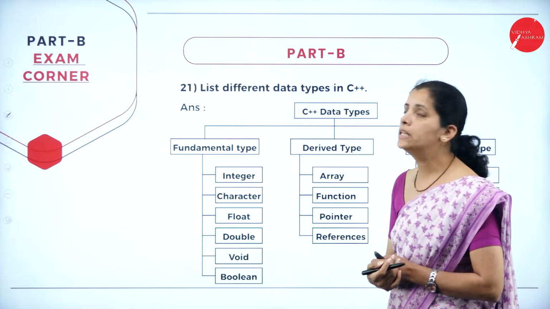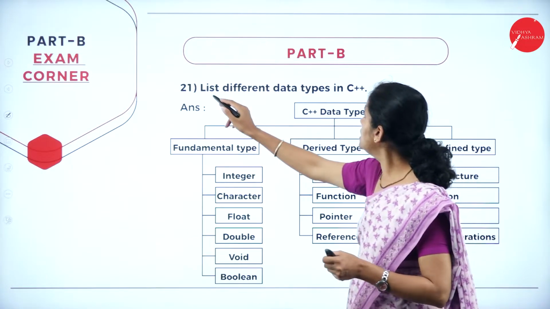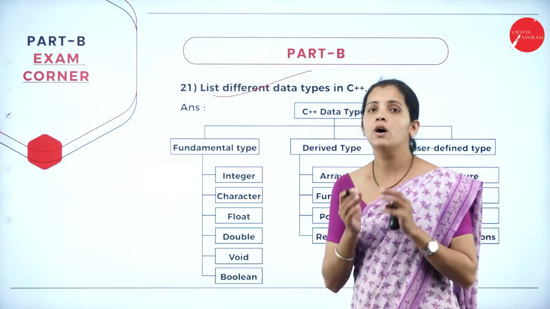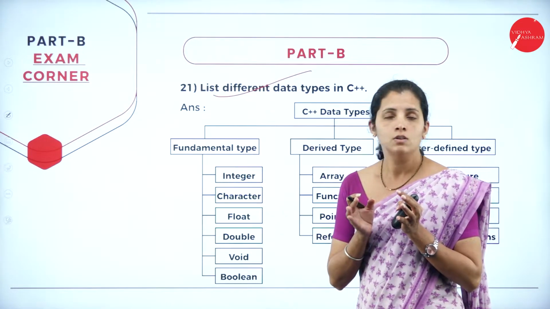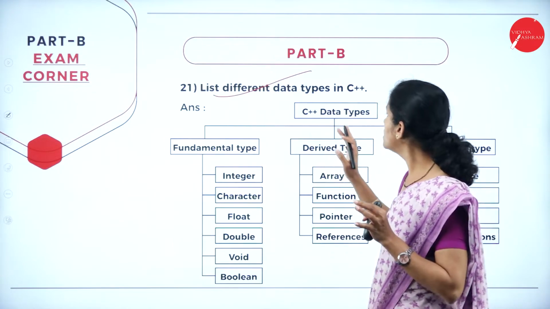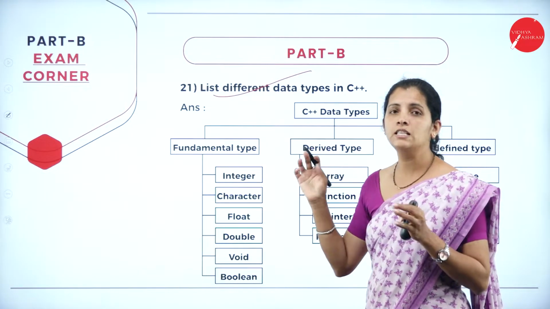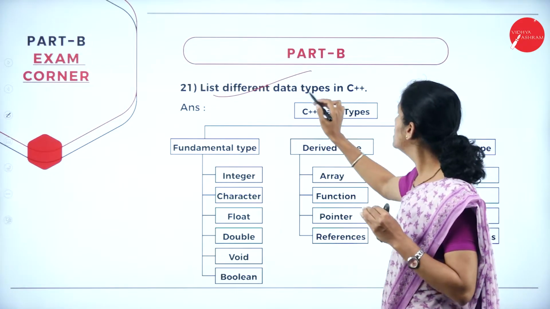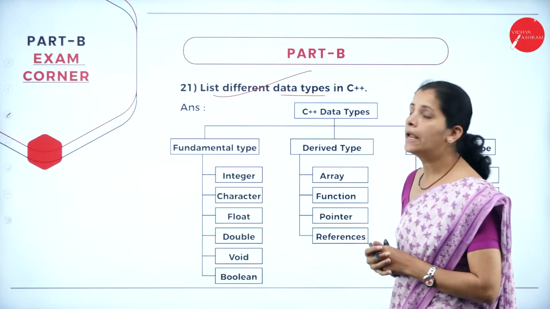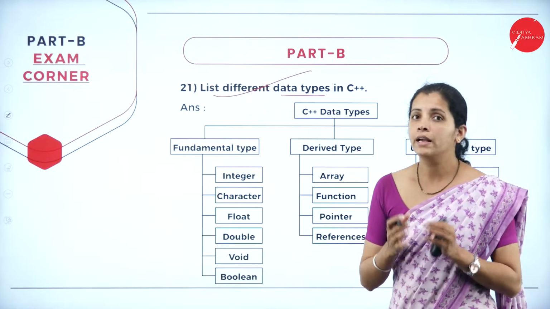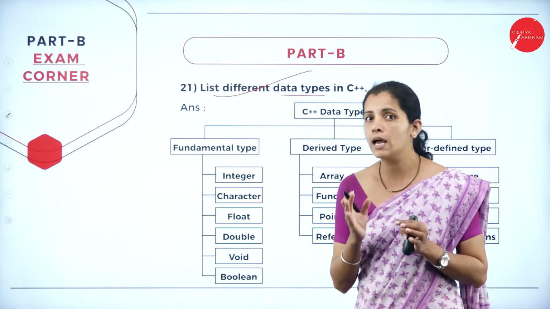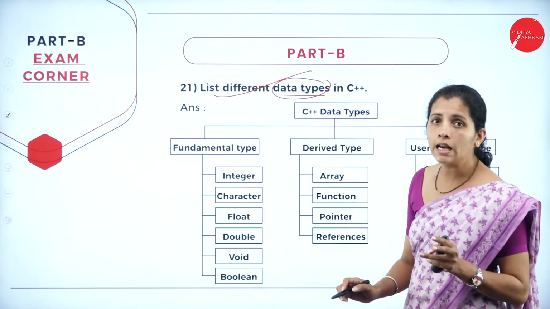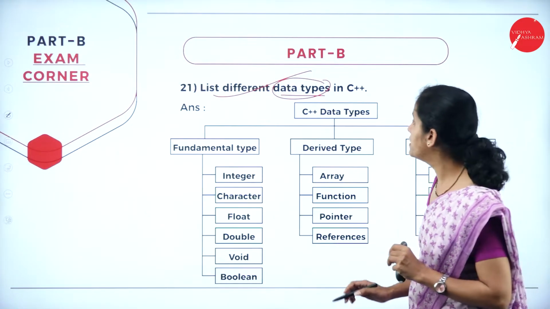Then moving on to the next question, list different types of data types in C++. I just want to list them, no need to explain. If I consider the C++ programming language, the data types are categorized into 3 different types.